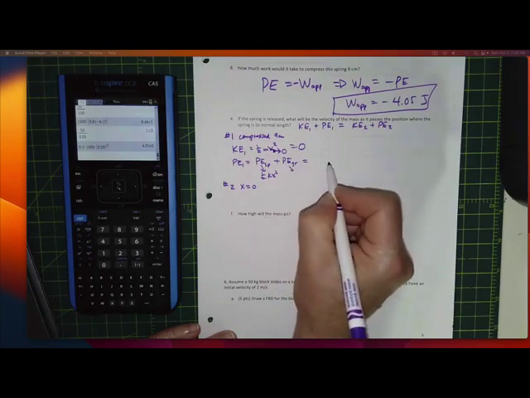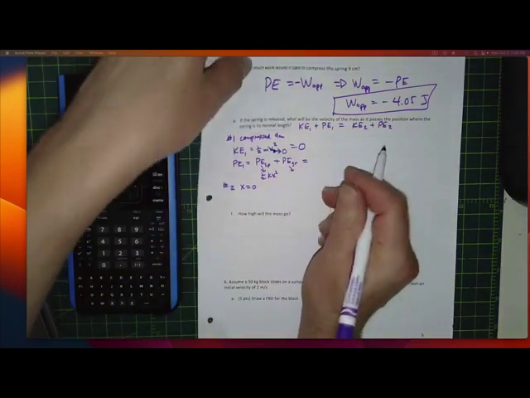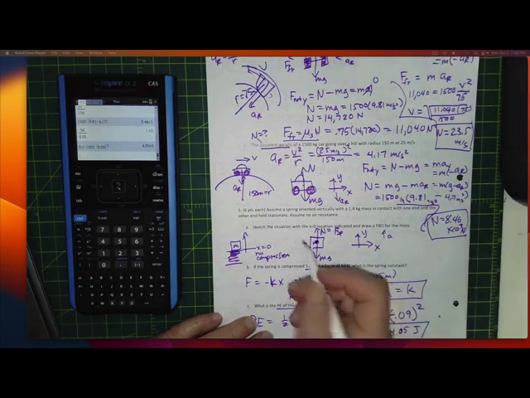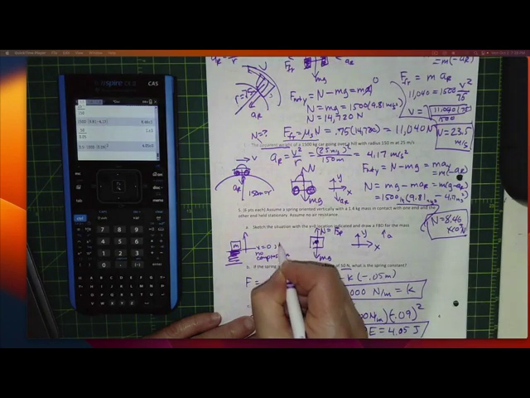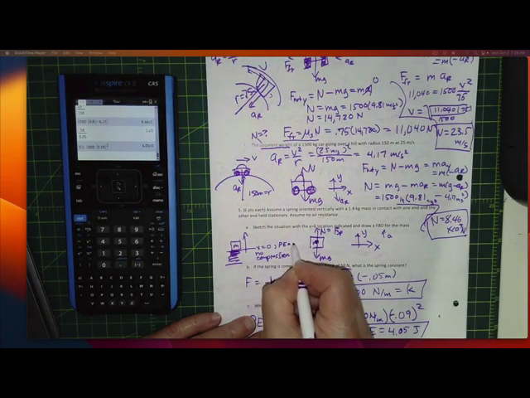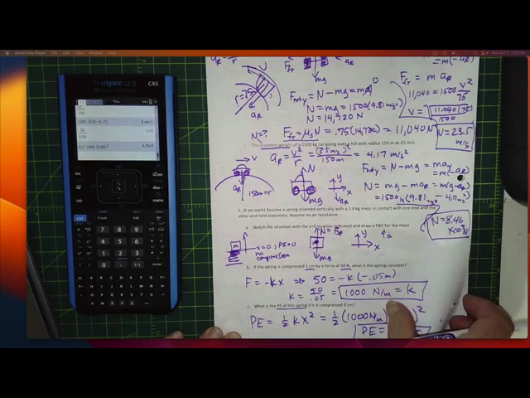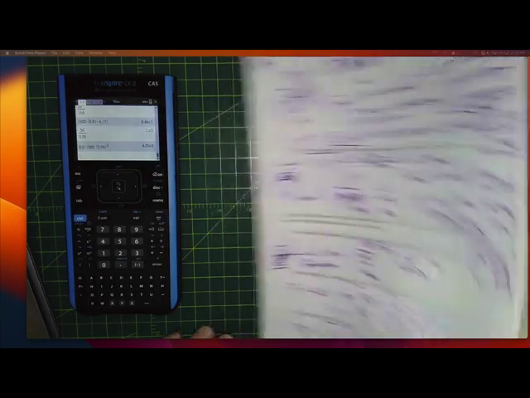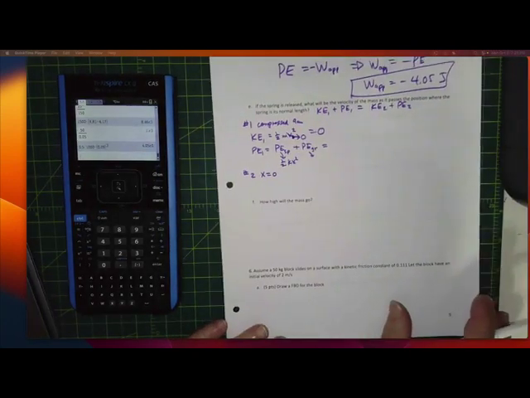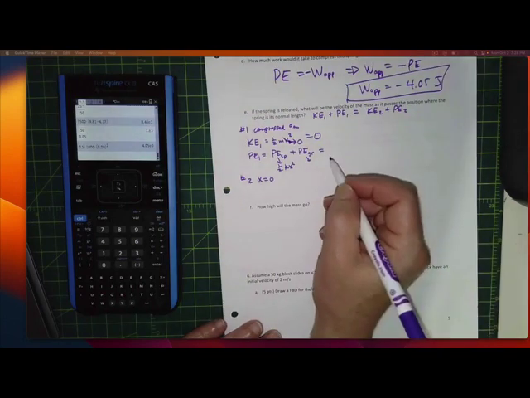For gravity, we need to define where x equals 0. Let's take x equals 0 as also where PE equals 0, because we need to define some place as the zero. So at x equals 0, potential energy is 0.